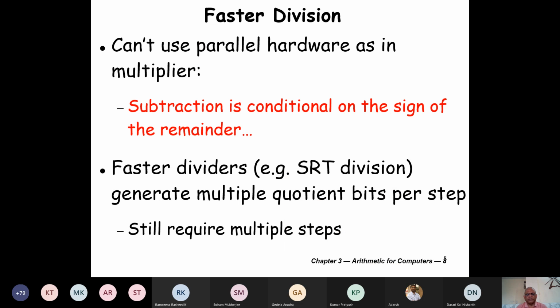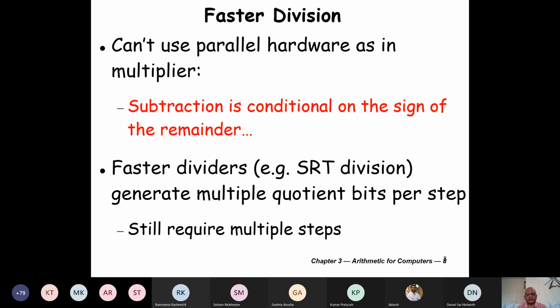Now, in the multiplication case, we had looked at a faster multiplier. We said by increasing the hardware complexity, by having many 32-bit adders, we could do a faster multiplication. Can we do the same thing here in faster division? The answer is no, because whether we subtract or we restore back depends on the sign of the remainder.